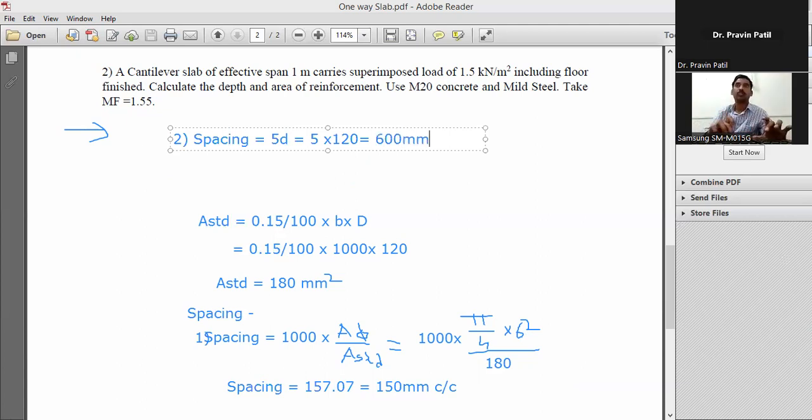Then the third one, spacing is equal to 450 mm.